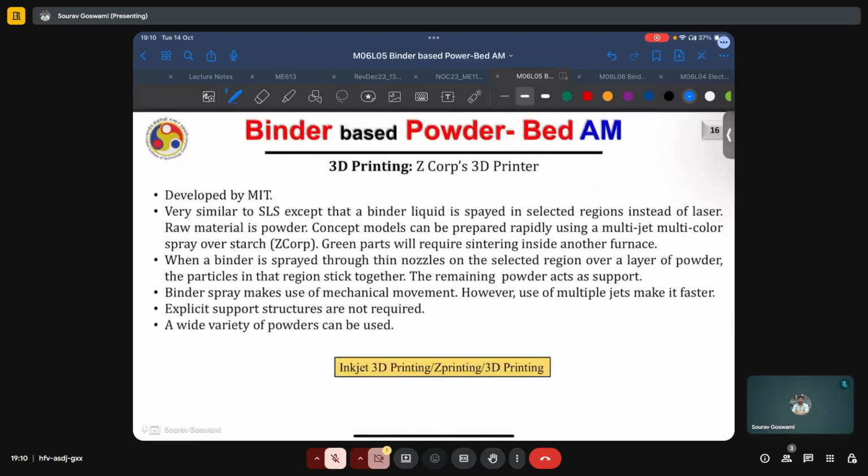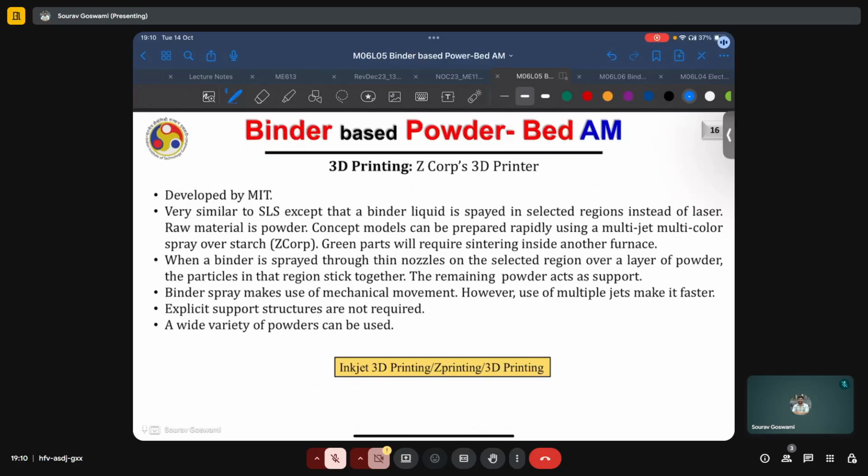And one of the earliest binder jetting type technology, 3D printing technology, was developed by Z Corp, and it was the first technology to use the name of 3D printing. This was developed at MIT, and the working principles were very similar to SLS, except that the binder liquid was sprayed in selected regions instead of a laser scanning those desirable regions.